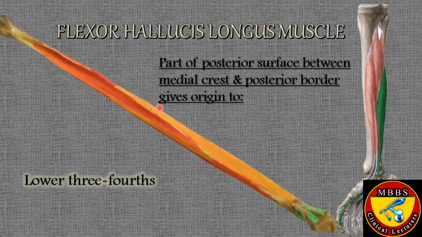Now the lower 3/4, the rest of the posterior surface between the medial crest and posterior border, gives origin to the flexor hallucis longus. As you can see, the one highlighted in green is flexor hallucis longus. It comes behind the leg, passes under the foot and attaches to the great toe. So contraction of this muscle definitely flexes the great toe.